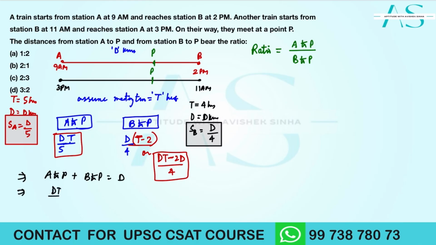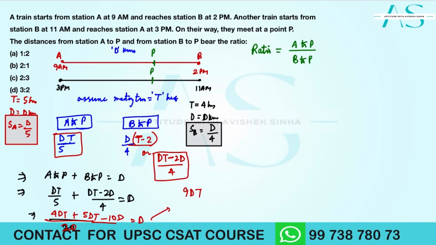So dt by 5 plus d(t minus 2) by 4, this is equal to d, or the denominator becomes 20, and then we have 4dt plus 5dt minus 10d, this is equal to d, और 9dt equals... माइनस को मैं उस तरफ लेके जा रहा हूँ, so this becomes 20d, और ये माइनस वाला उस तरफ जाएगा तो प्लस ऑफ 10d which is 30d, और this d and d gets cancelled out. t here is 30 by 9 और 10 by 3. ये t वेरिएबल मेरे पास आ गया.